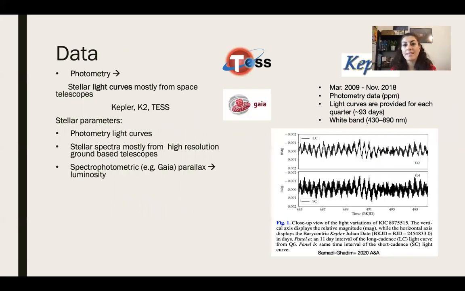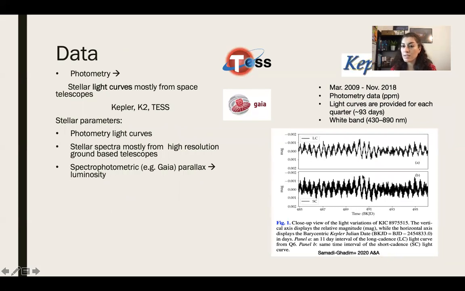So the data that I'm using is photometry data, light curves, as I told, and because of the nature of the pulsations in these types of stars, which have very low amplitude, we need very high precision photometry data that we get from Kepler and TESS, which you can see, and a closer view of the light curve of one of the case studies that I have here.